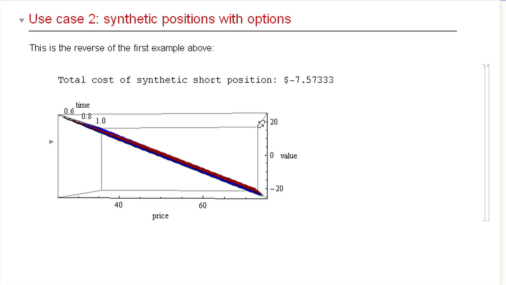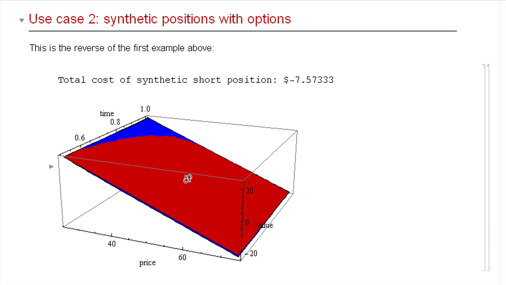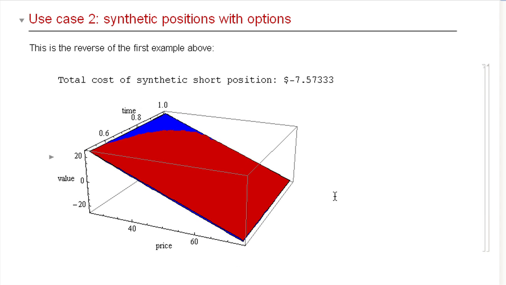So it has just the negative slope of whatever the long position has. What I'm illustrating here is that some combination of two options, in this case, the purchase of a put option and the sale of a call option, is nearly identical to establishing a short position in the stock. And it's also cheaper to do so.